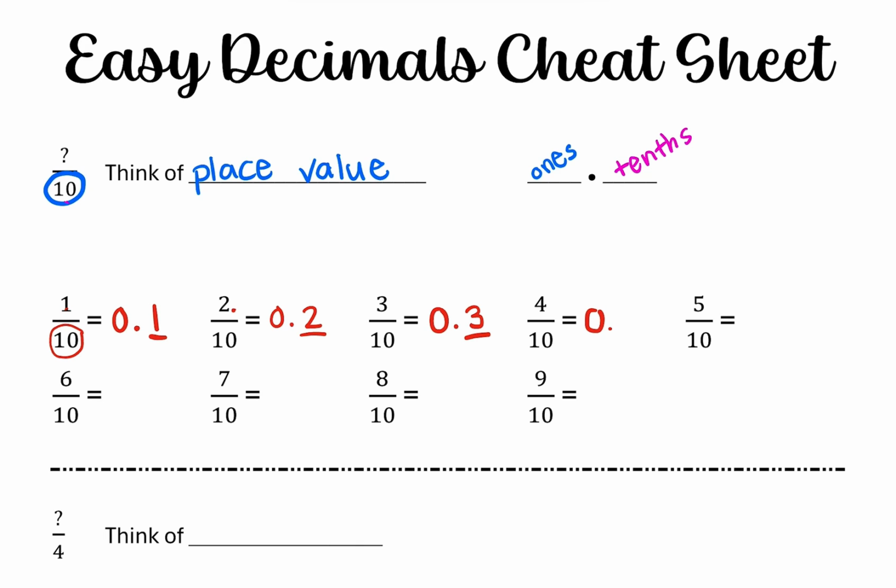And then 4/10 would be 0.4, 0.5 because the 5 is in the tenths place. Okay, and then 0.6, 0.7, 0.8, 0.9. So anytime my bottom number is a 10, the number on top needs to go in the tenths place.